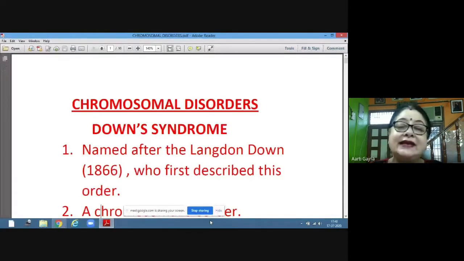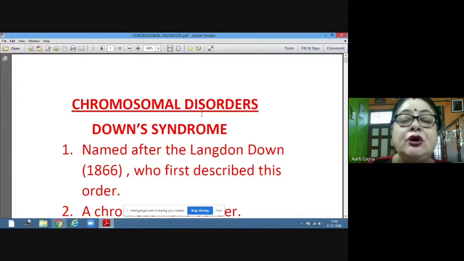The second type of disorders are chromosomal disorders, and these disorders are because of a change in the number of chromosomes. The set of chromosomes is changed, or the number of chromosomes is changed. In my previous video, I discussed the different things that can happen when there is alteration in the chromosomes.